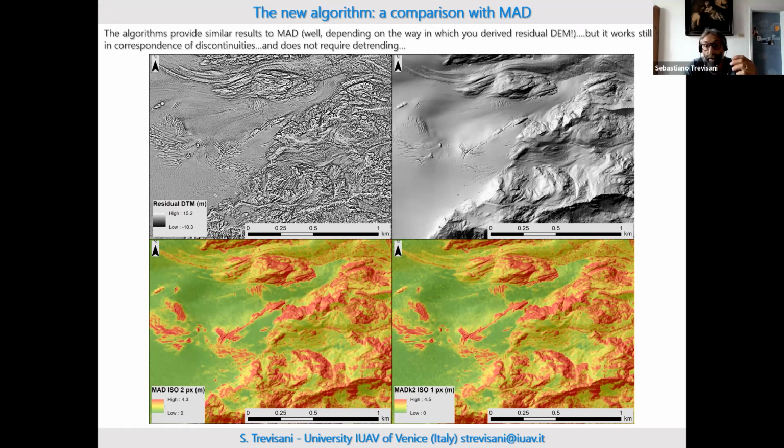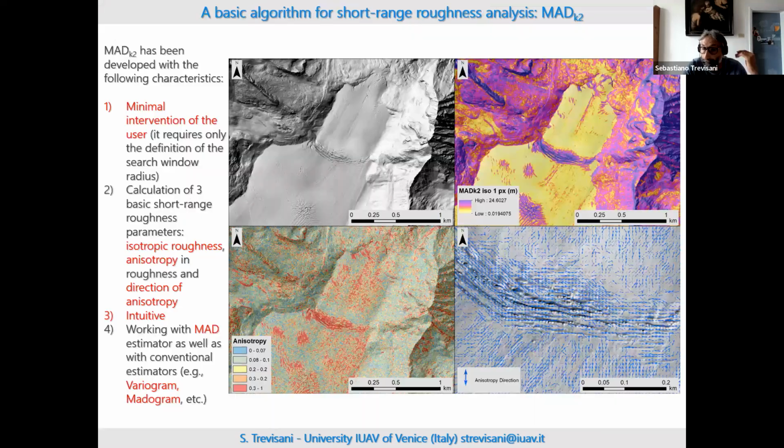This new index permits to derive, like the classical one, not only an isotropic or omnidirectional index of spatial variability, but you can also compute an index of anisotropy strength and anisotropy direction. And clearly, having these two kinds of information, you can then combine it with other more complex analysis.